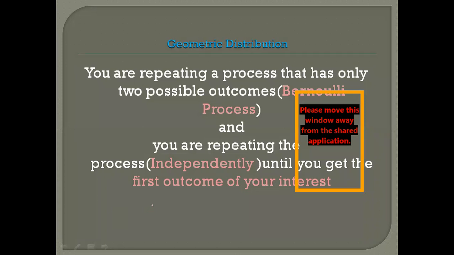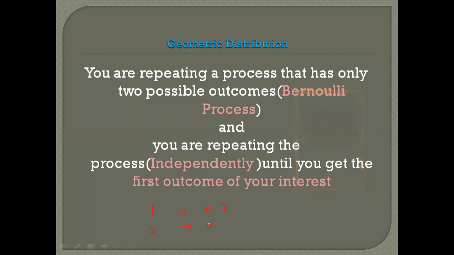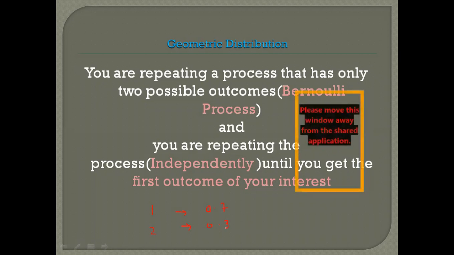For example, outcome 1 has a probability of 0.7 and outcome 2 has a probability of 1 minus that, which is 0.3, right? So they both add up to 1. If the outcome of your interest is this one, it has a probability of 0.7 at the start, right? And the failure has a probability of 0.3, right?